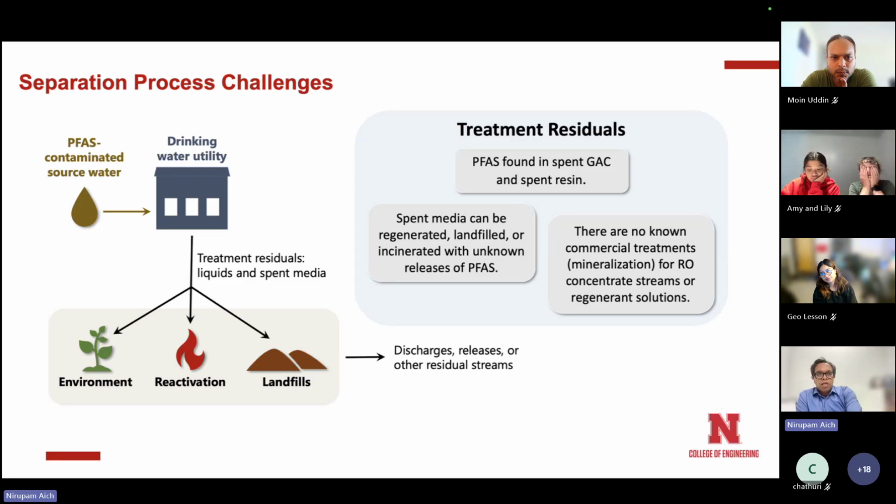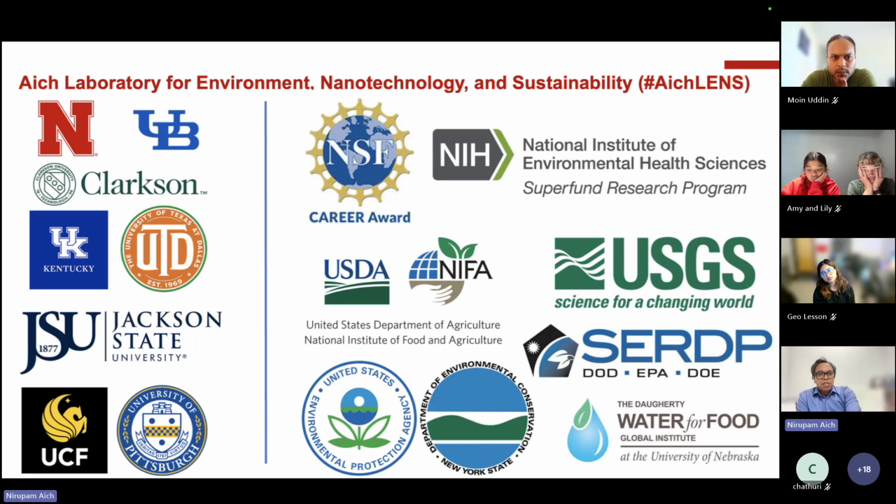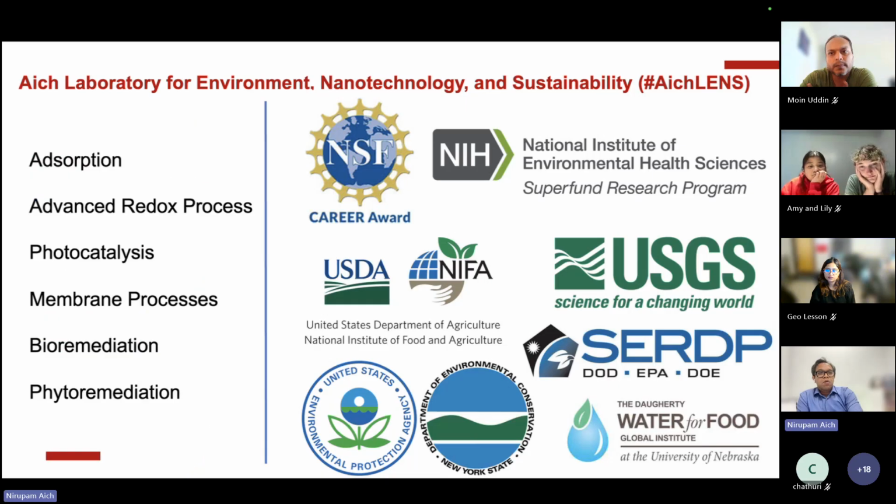We have been fortunate to have several projects. We have been working on PFAS since 2018, so it's been 8 years, and we have been supported by different agencies. We are doing adsorption processes, separating them on different types of adsorbents, and designing new adsorbents that might be better than or similar to granular activated carbon.